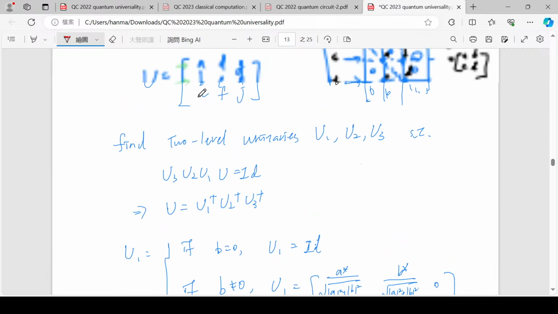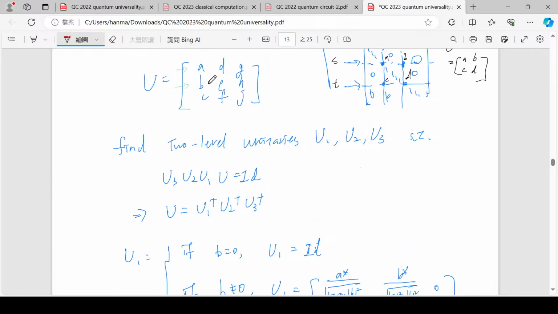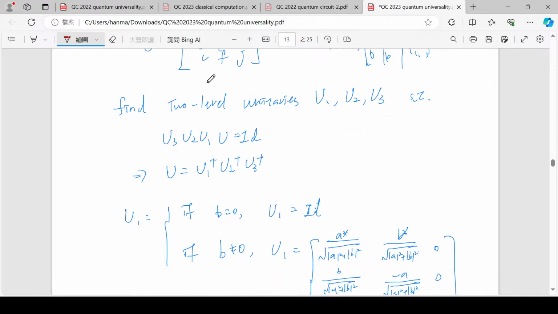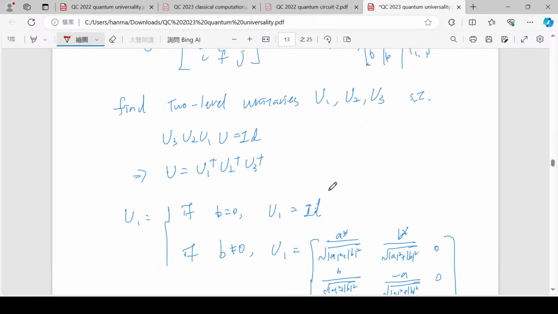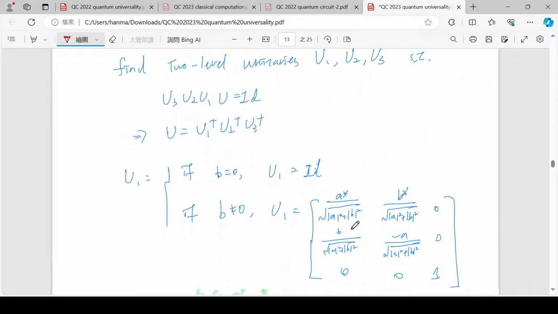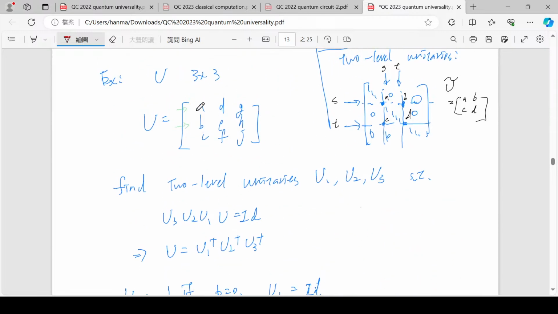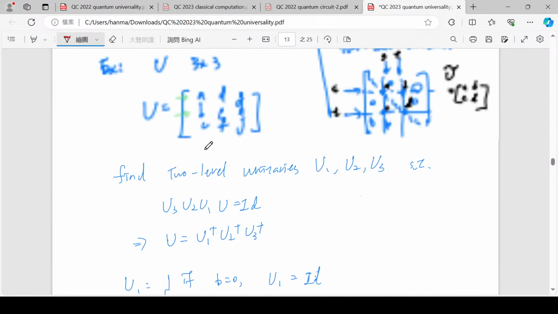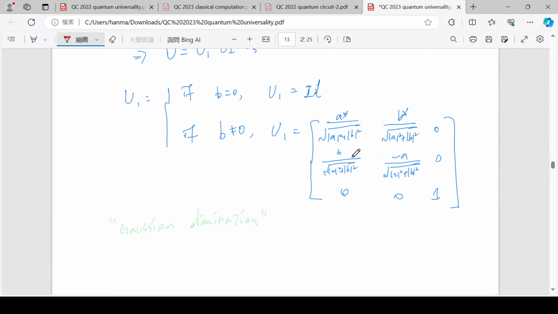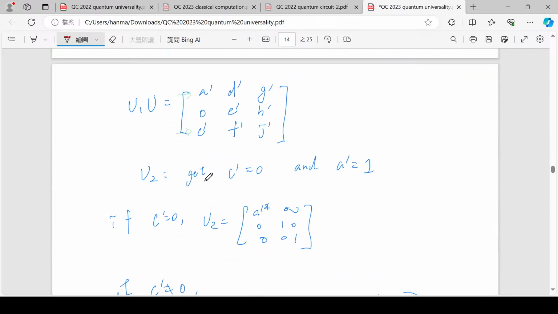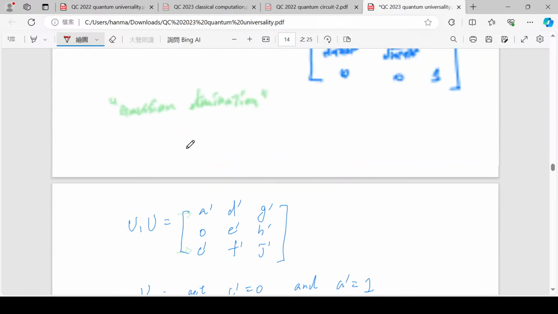Then you multiply this on U, and you will see that because you have B and minus A here, on this register you will have the inner product of AB with this B minus A, and it becomes 0.